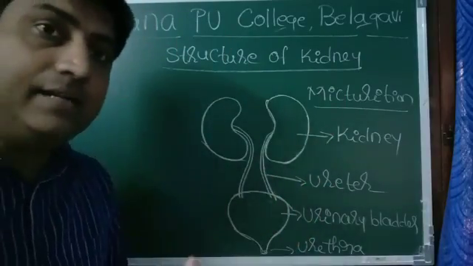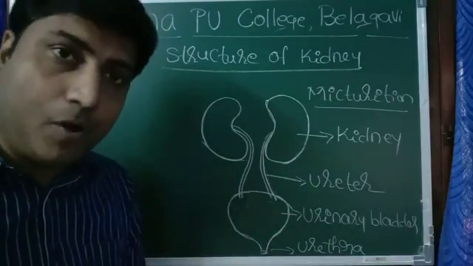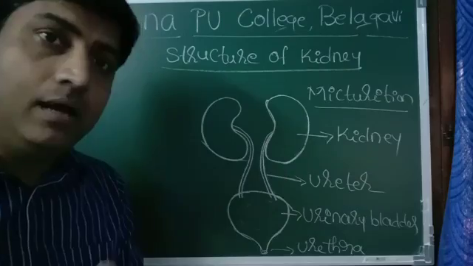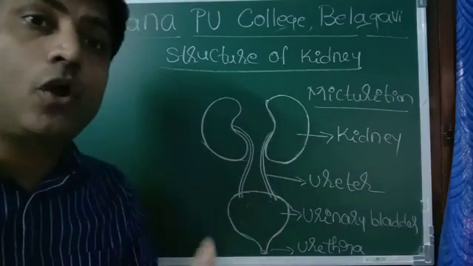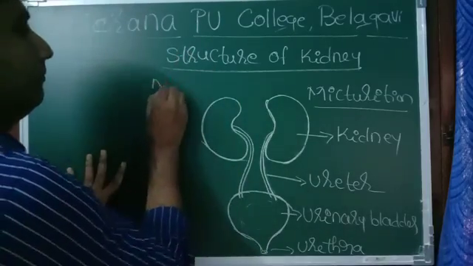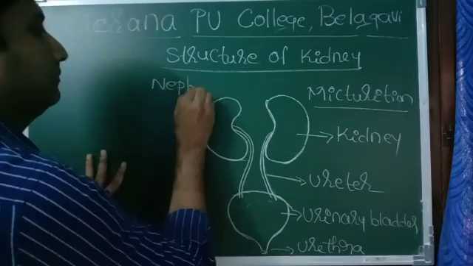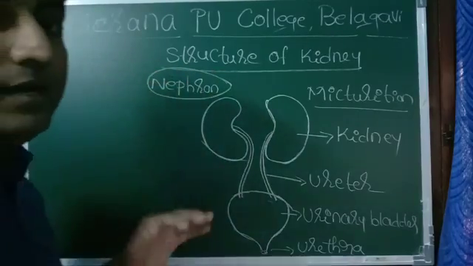Though we say that the kidney is our excretory organ, each kidney is made up of thousands of lakhs of small tubular structures called nephrons.